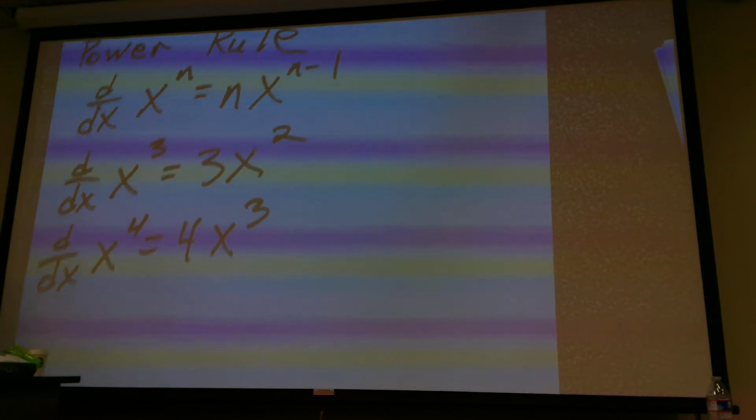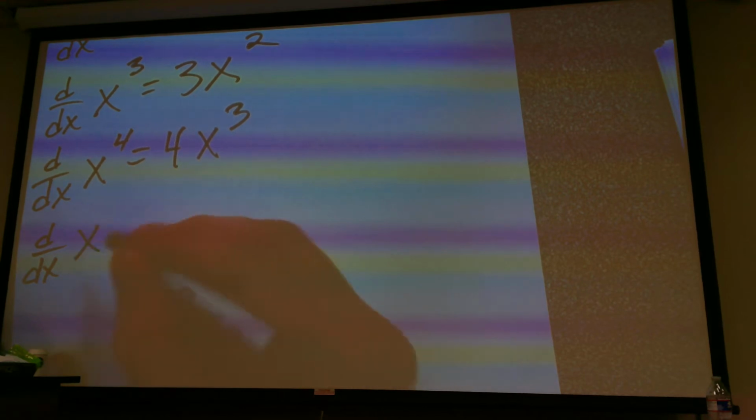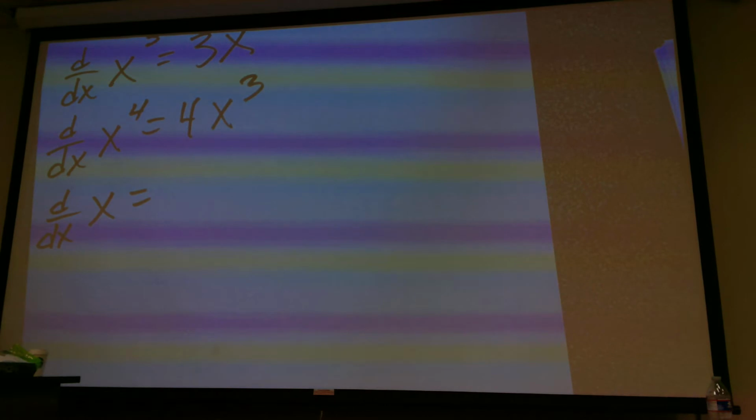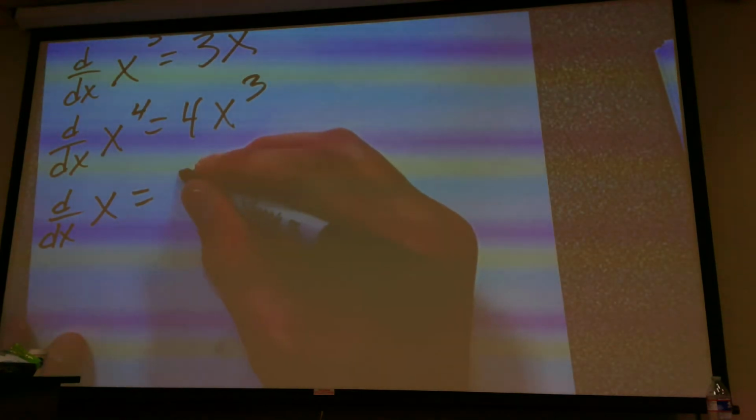A couple ones that follow the rule, but if you think about the derivative of just x, you can think of this as x to the 1 power, then multiplied by x to the 0 power. So the derivative of x, the derivative of something that's linear, would just become a constant.